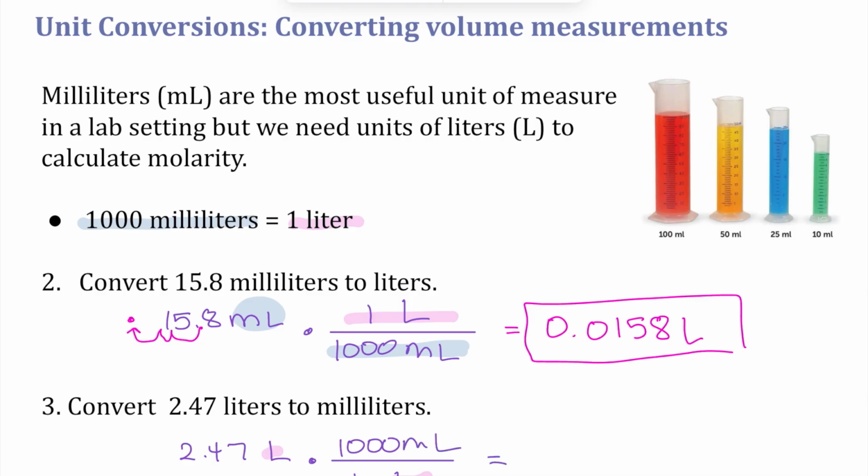So now we are multiplying 2.47 times 1,000, which means we're moving our decimal 3 to the right, 1, 2, 3, not needing to add any zeros after, and then including our new units of milliliters on there.